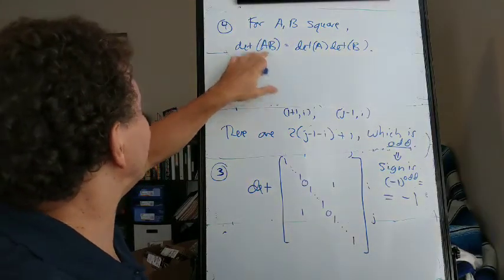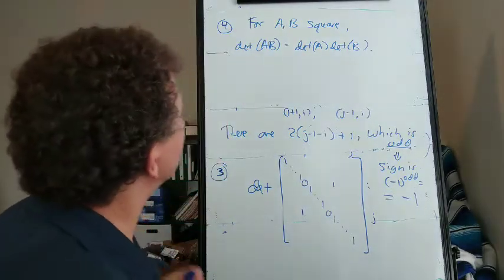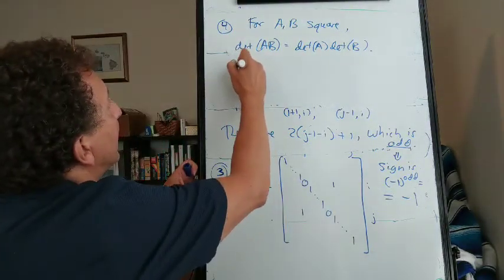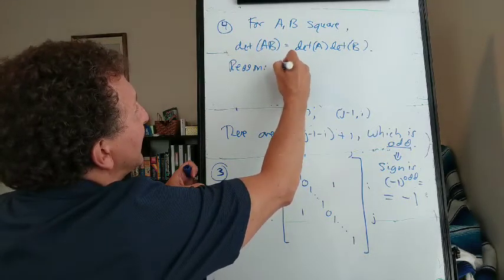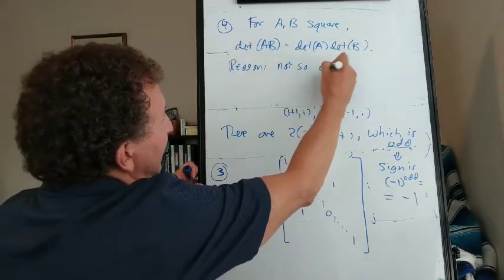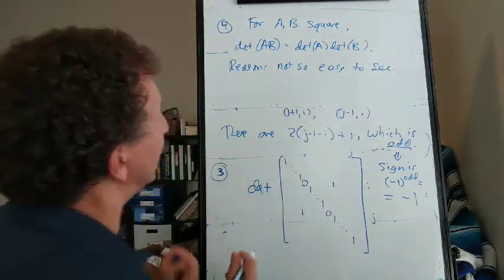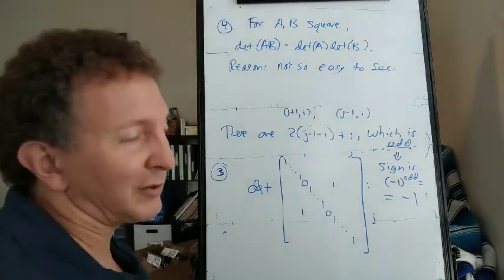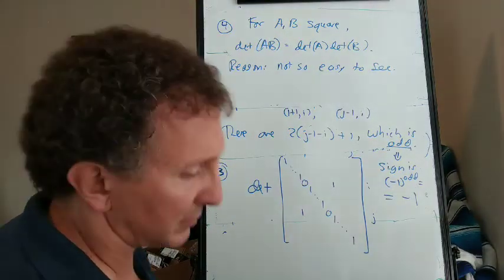The easiest formula would be determinant of A times determinant of B, and it happens to be true. And let me just write down here so you remember the reason is not so easy to see, because multiplying two matrices gives a new matrix with sort of complicated entries.